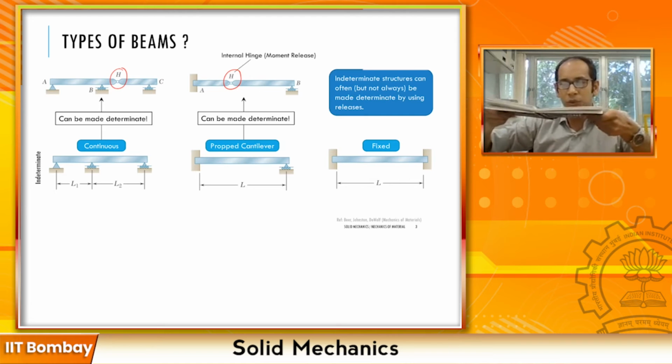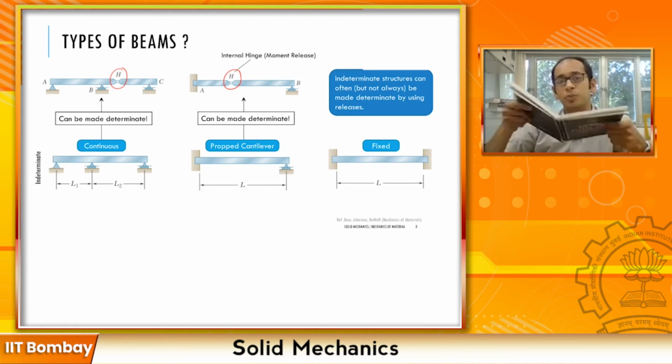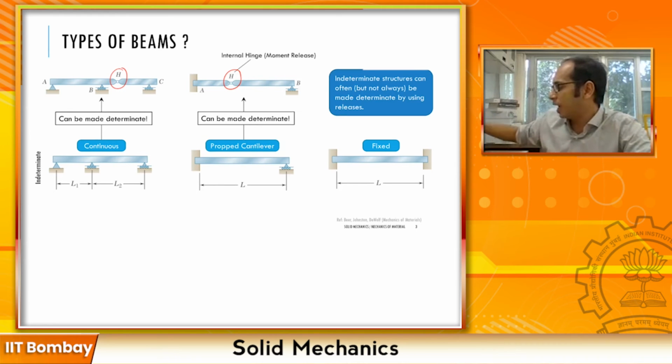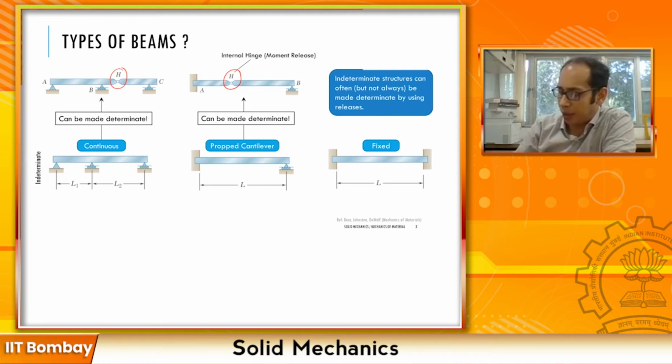It can only resist loads about the x or the y axis, but it is free to rotate, and when something is free to happen, the corresponding force does not develop. So if it's free to rotate, that means it will not have a corresponding bending moment at that particular point.